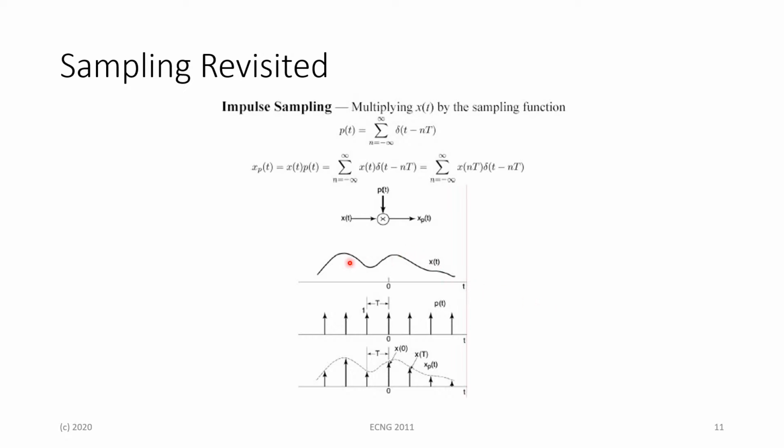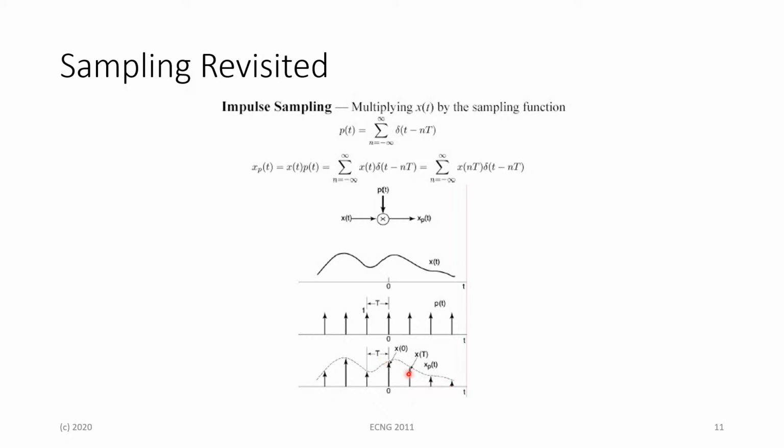Let's say we had our arbitrary x of t signal here, and then we have our unit impulse train here, where all the magnitudes are 1, and they're spaced T seconds apart evenly. We then multiply the two signals. This means that for every instance of these impulses, we effectively sift out the instantaneous value for these particular times.